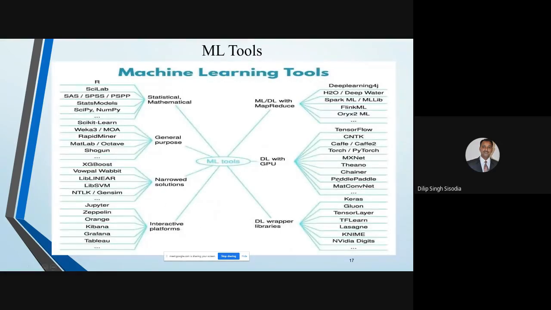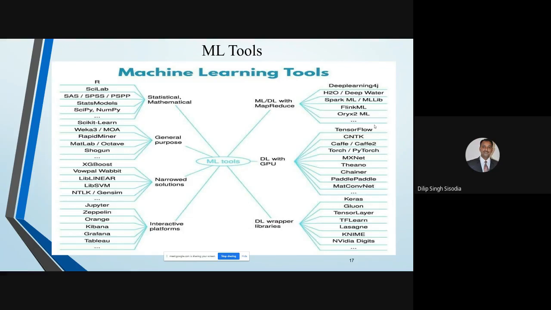These are the libraries, and many people may have used one of these libraries. These are the libraries available, where most of the algorithms we have seen in previous slides are already implemented. Just suppose we are talking about SVM, support vector machine: LibLinear or LibSVM libraries are available.